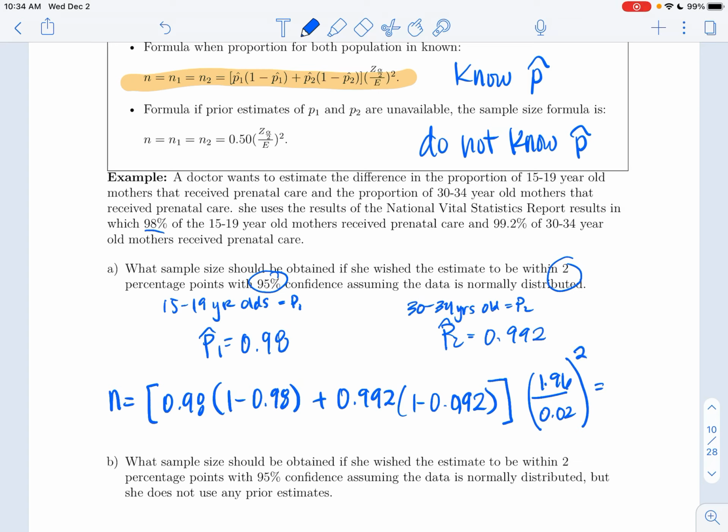And this is squared, so let's plug that in the calculator.